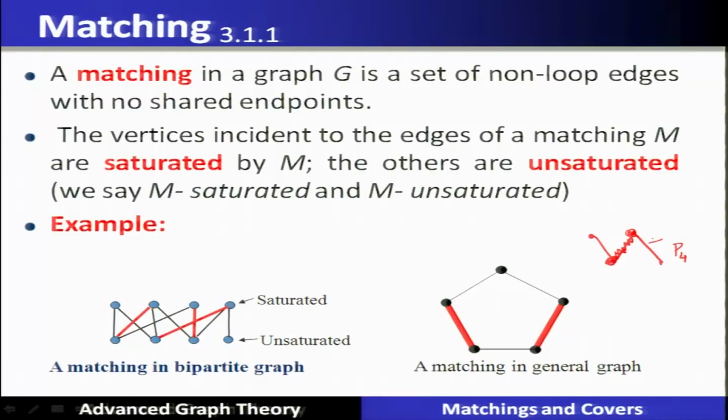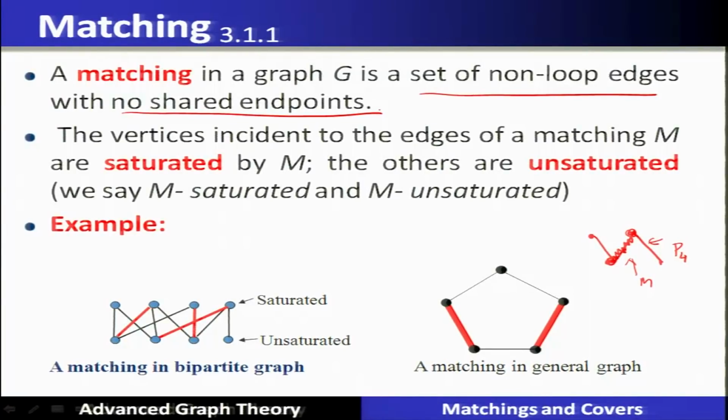This other edge cannot be included. Why? Because if you include this edge, it will share an endpoint with the already selected edge in M, a matched edge. So a set of edges with no shared endpoints will form a matching in a graph.